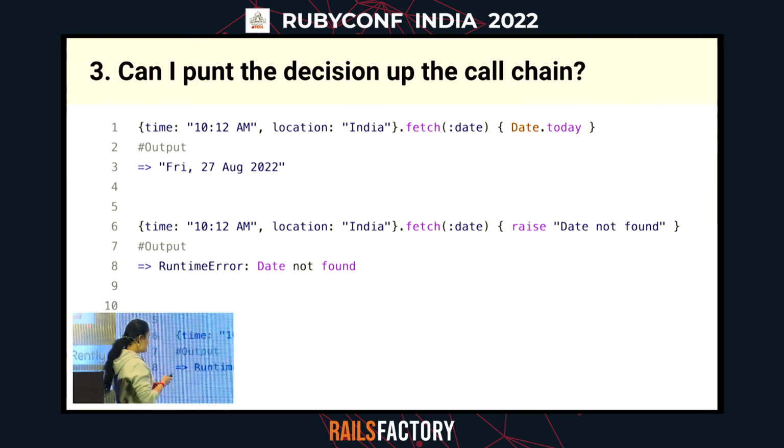Here, the fetch method will take a key and a block. It will try to find the corresponding value of that key inside the given hash. If it did not find that matching key, it will simply execute the provided block.